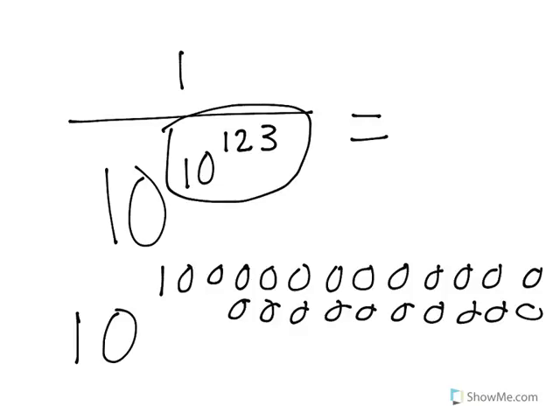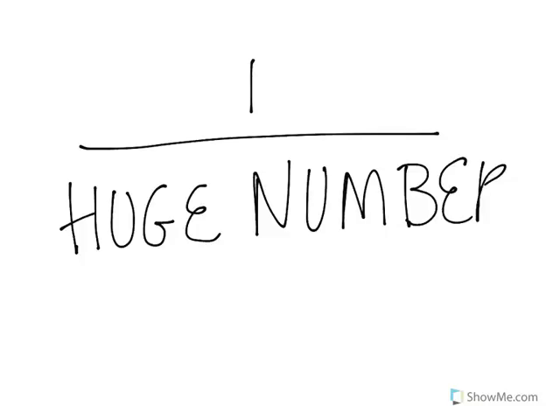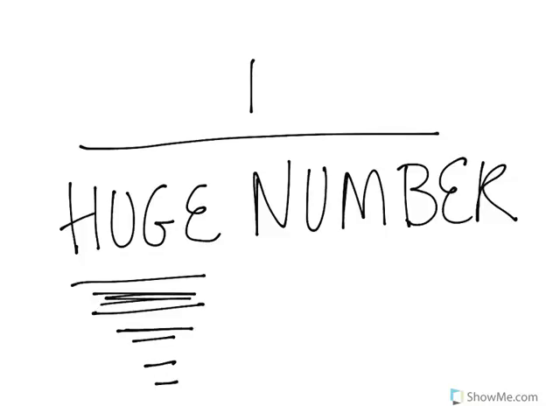So the main point we're trying to make is the chance that the Earth was created on accident is 1 over a huge number. A very, very huge number.